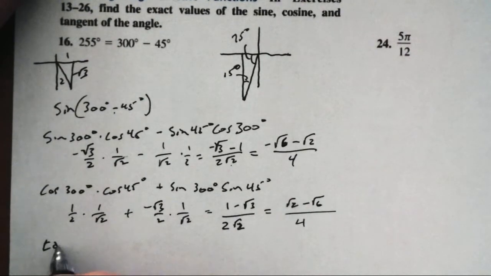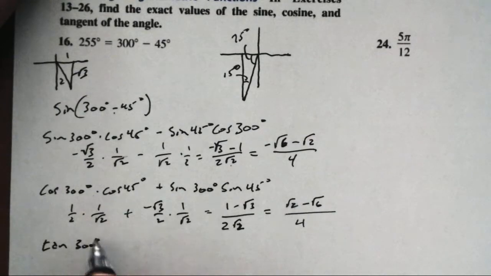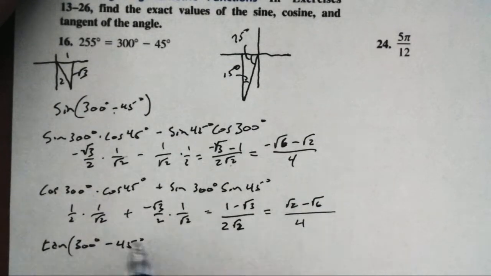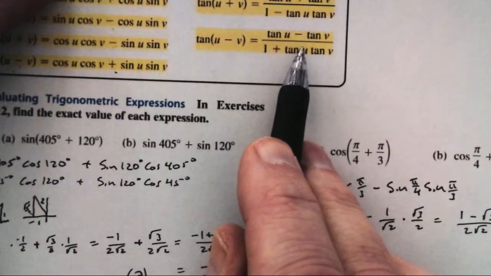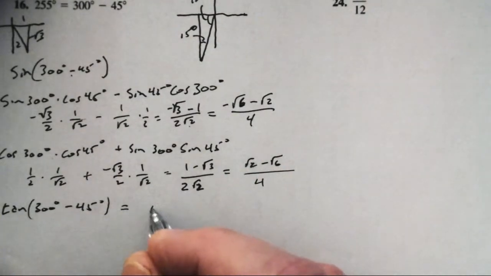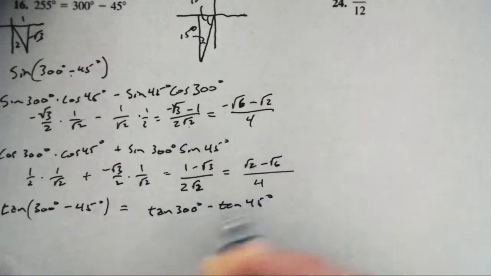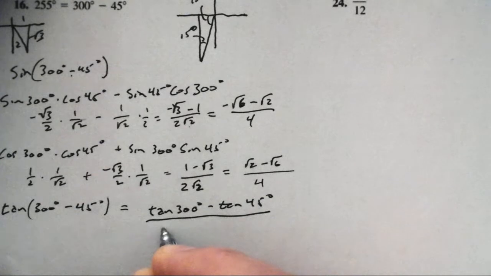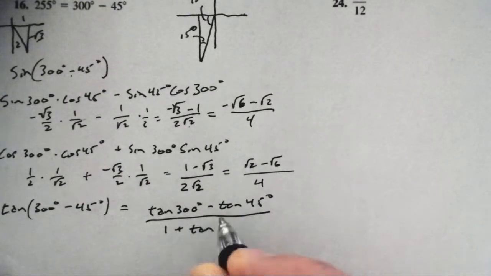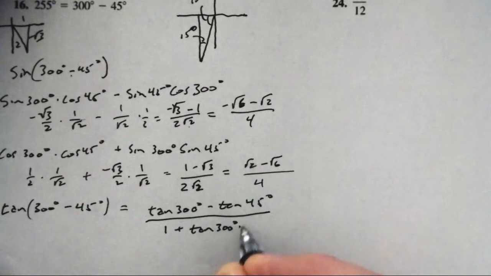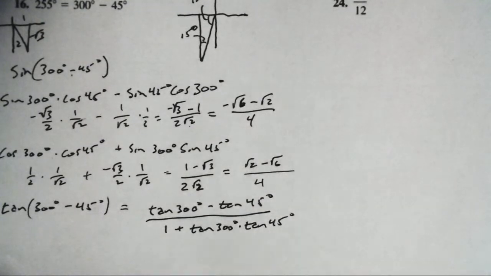And tangent of 300 degrees minus 45 degrees is tangent of a difference is the difference of the tangents over 1 plus the product of the tangents. So it's the difference of the tangents, tangent 300 degrees minus tangent 45 degrees over 1 plus tangent 300 times tangent 45.